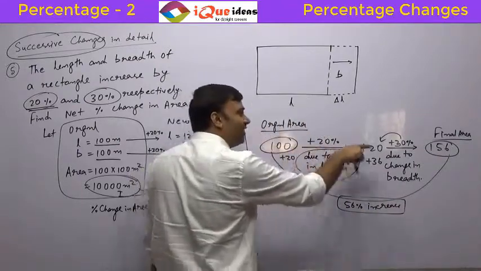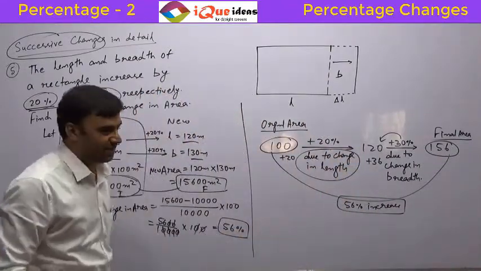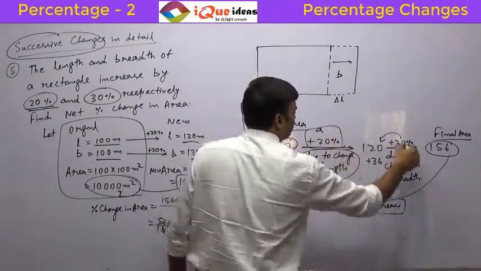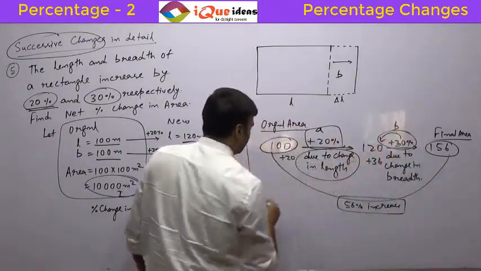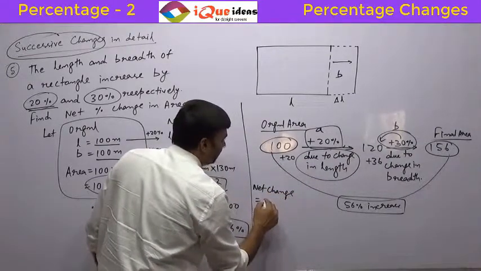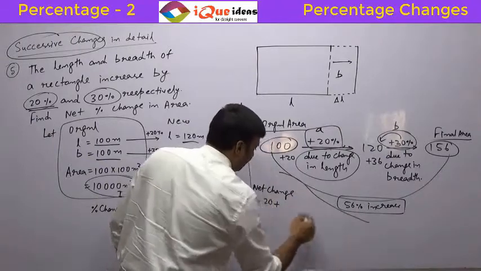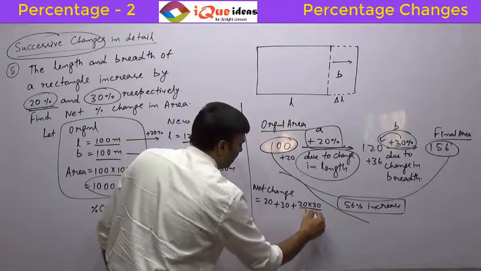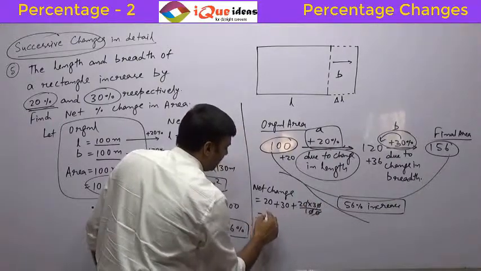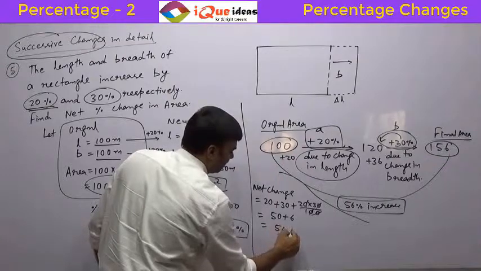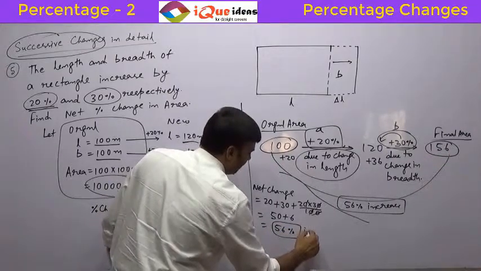And because we could do this, we can also apply successive change method as well, right? So this is our A, that is 20%. This is our B, that is 30%. So the net change is directly calculated as 20 plus 30 plus 20 into 30 by 100. The zeros cancel. So we have 20 plus 30, 50, plus 2 into 3 is 6, that is 56% increase.